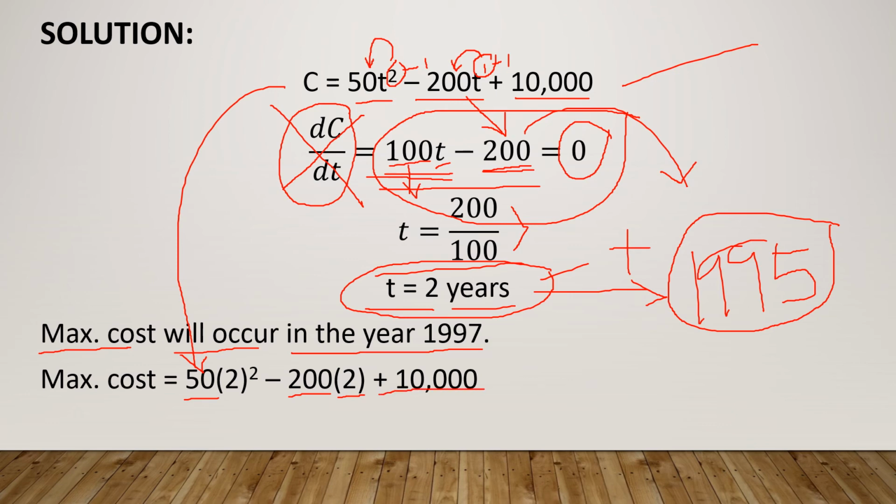There are times that we neglect this 10,000, and that's an error. We should use the entire given equation.